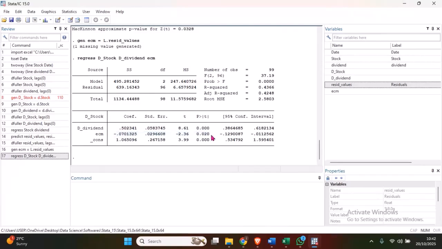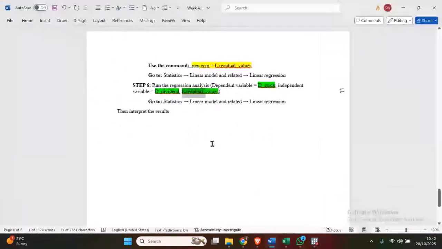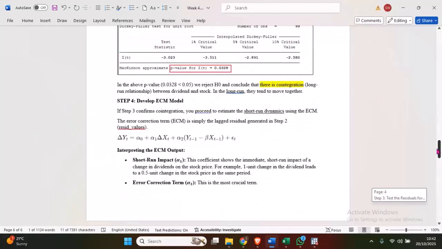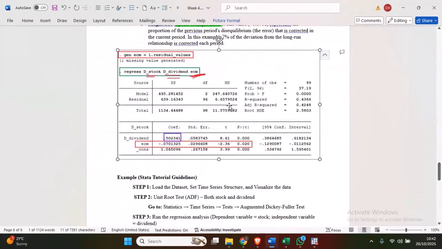And then we see the magnitude, the size of this coefficient, which tells us about the speed of adjustment. This is exactly what I was explaining in this case.